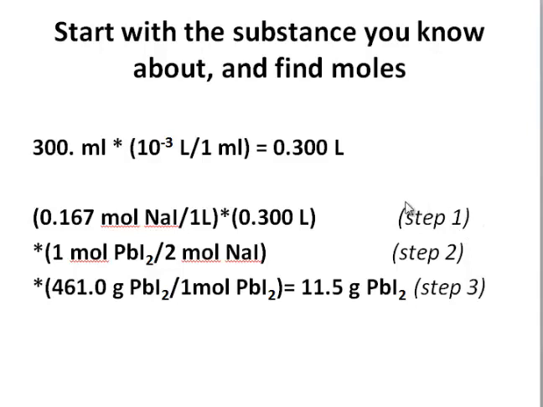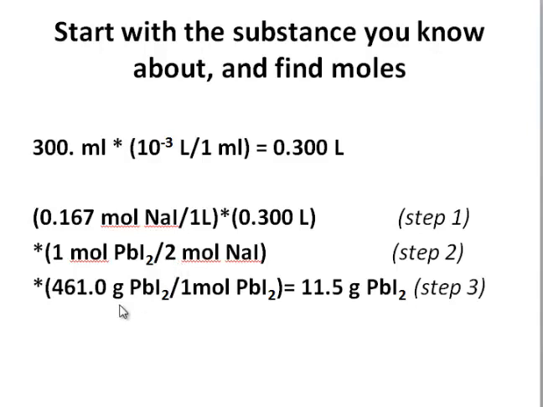Once you've done step one, you can multiply by another factor to go to step two. We have moles of sodium iodide multiplied by a conversion factor, 1 mole of lead iodide over 2 moles of sodium iodide, the 1 and the 2 naturally from the balanced chemical equation as always.